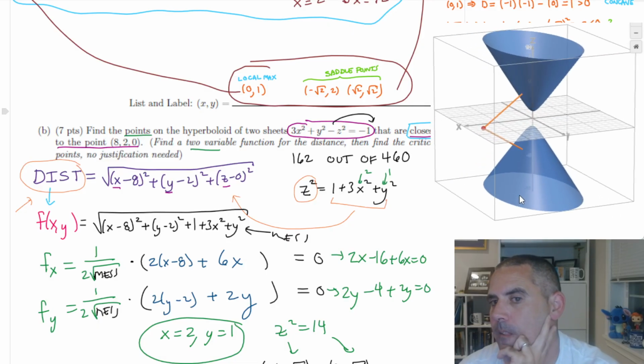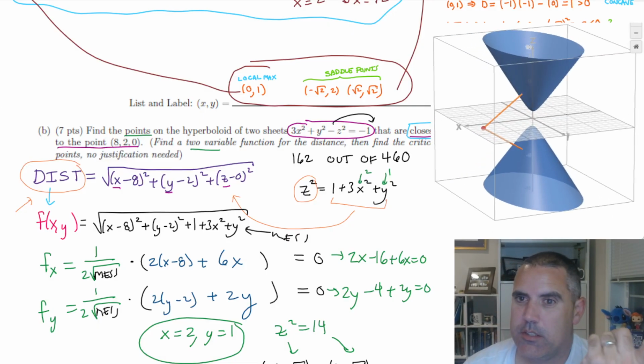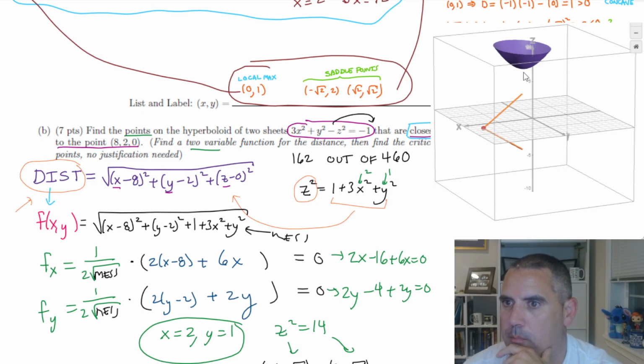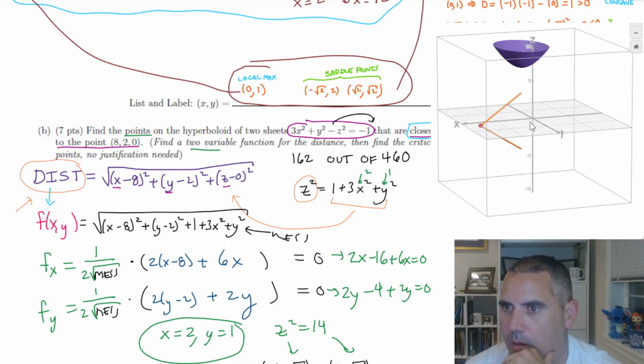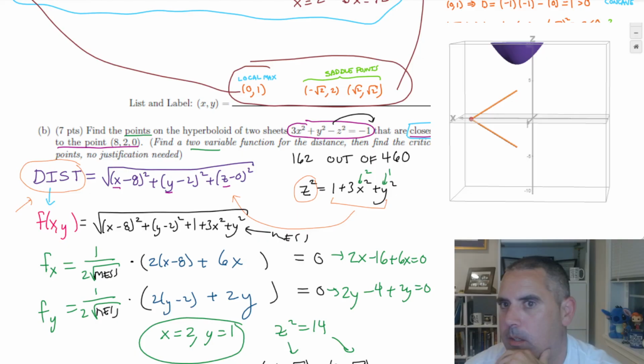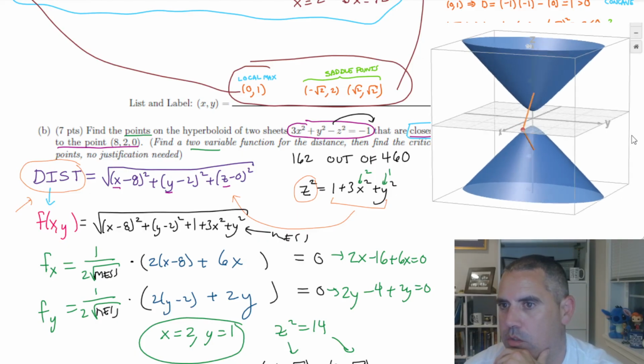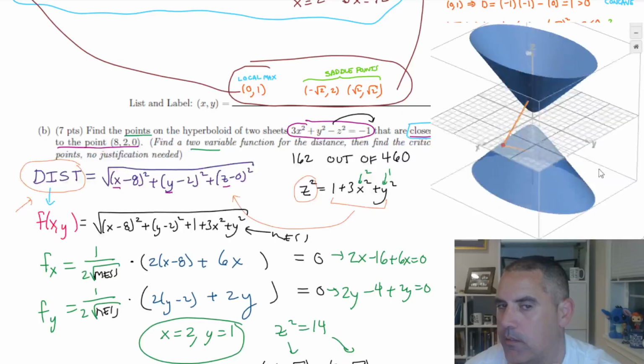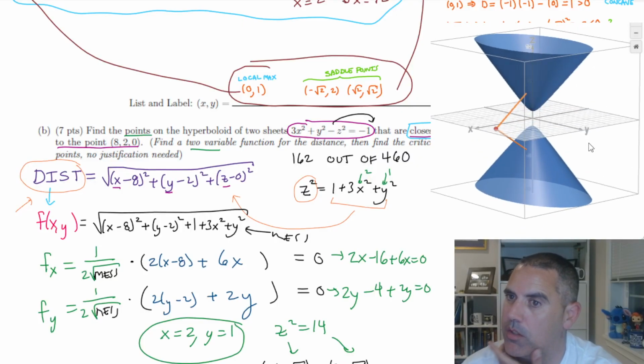There. The distance function we got is a totally separate function. It's this function. And the minimum of that function happens right above where this is. But the actual question is, where are we closest? So we had to construct this other function that represented the distance.